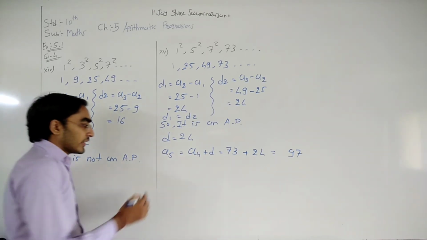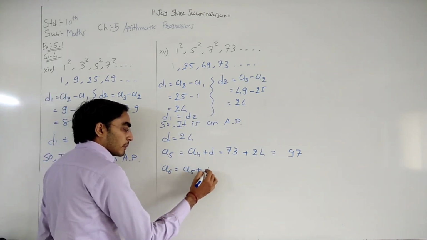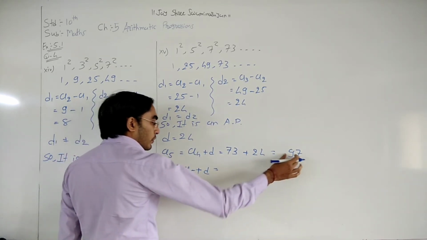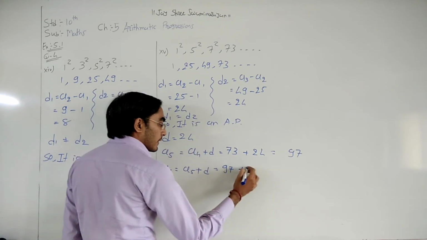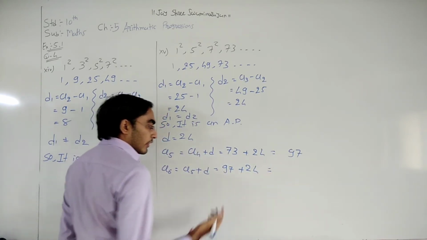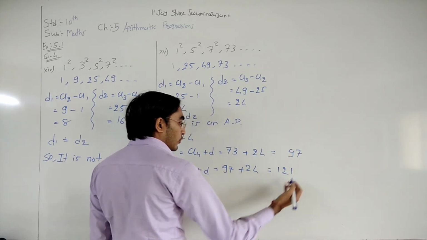Okay, after that sixth term a6 is equal to fifth term plus common difference d. So fifth term 97 plus common difference d 24. So here 7 plus 4 is 11, 9 plus 1 is 10, plus 2 is 12. So 121.